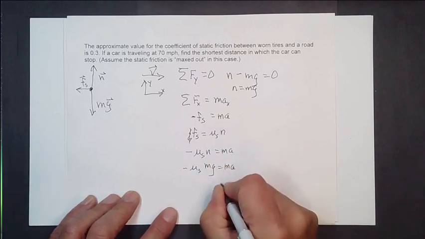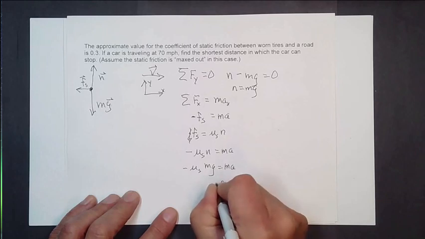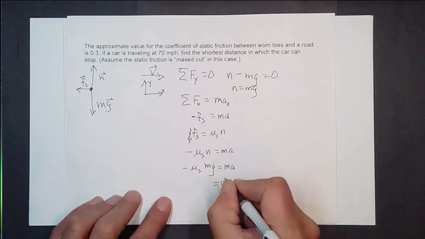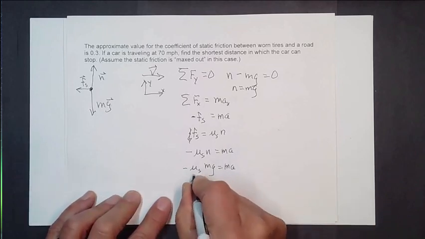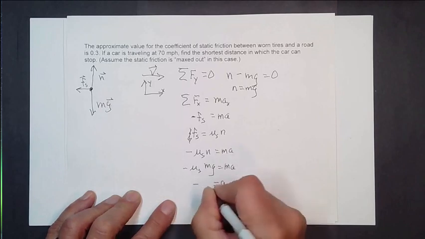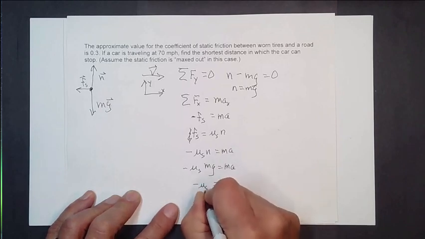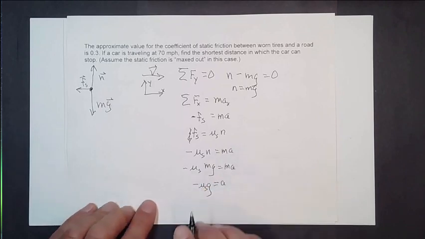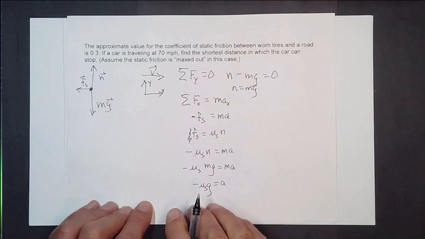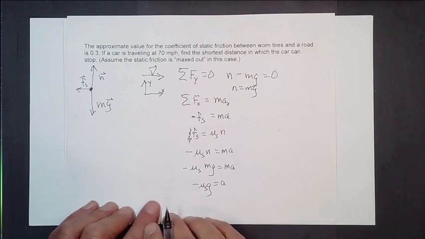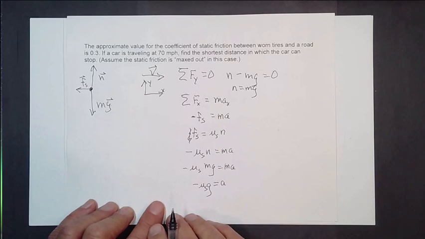So the maximum acceleration here that you can get in magnitude is just going to be mu sub s times g, but in this case it points to the left. So we'll have that. Well, what is the equation of motion going to look like in this case?